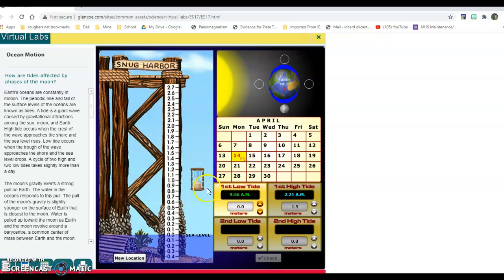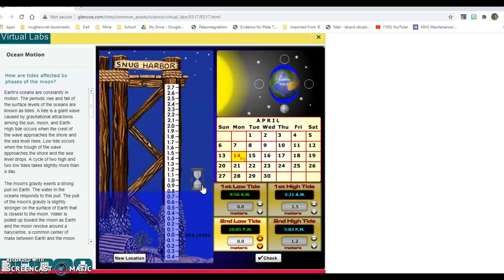At 0, so I don't have to put anything in. .2. .8. Congratulations! You have correctly identified the tide measurements for this phase of the moon. Alright, pause the video. Record the lowest low tide and its time, and the highest high tide and its time.